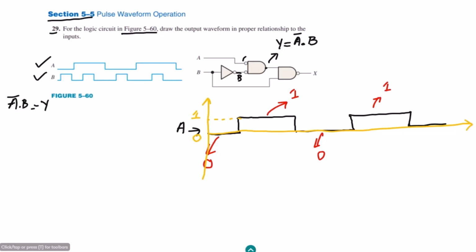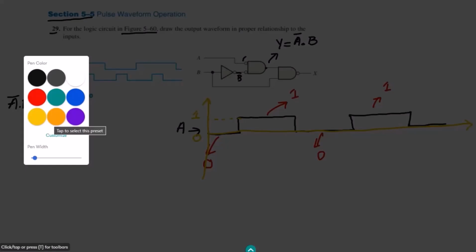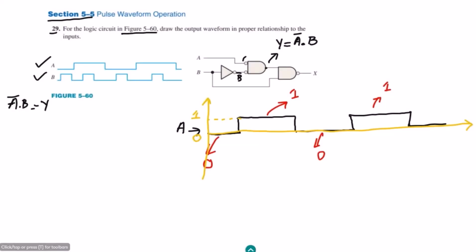So let me find out the value for it. Let me represent it by using this color. We can see that we have different levels for it.